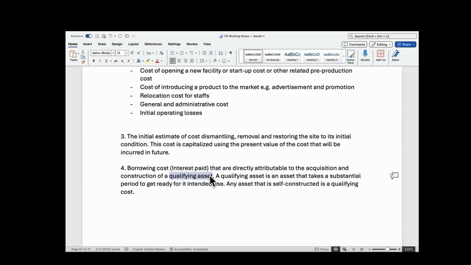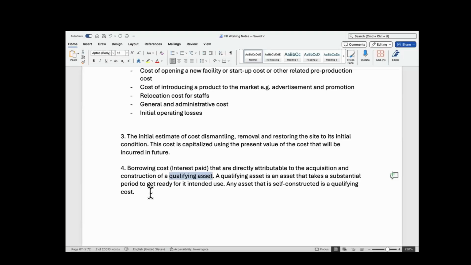And I made you understand that a qualifying asset is one that takes a substantial period to get ready. If it's an asset that you buy off the shelf that is ready at acquisition, that is not a qualifying asset. Any interest paid on such borrowings would be expensed, not capitalized.